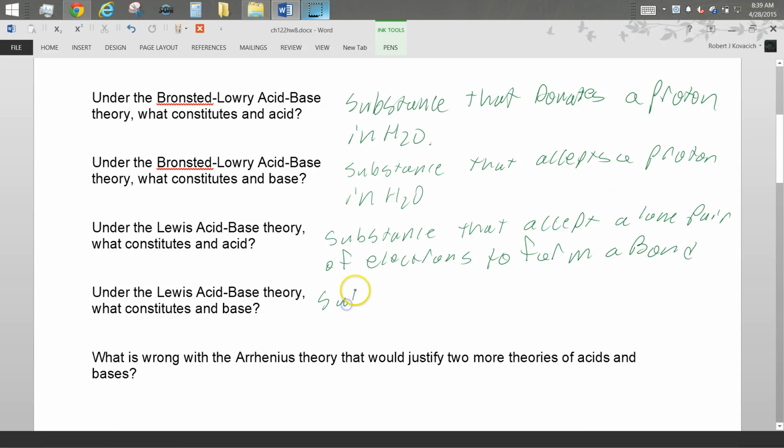And so then it's a substance that donates.